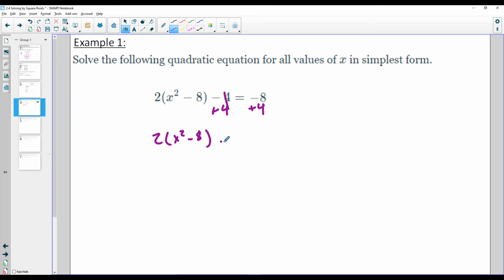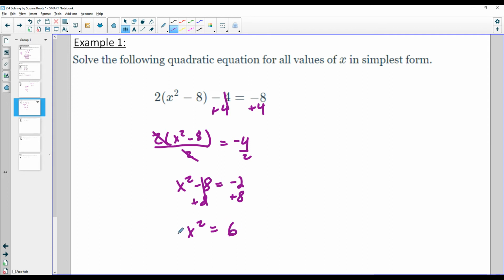Those cancel. Negative 8 plus 4 is going to be negative 4. You can distribute this too and then do some stuff, but I'm just going to divide by 2. So then I'm just left with x squared minus 8. Negative 4 divided by 2 is negative 2. And then I'm going to add 8 over. So then I get x squared. Those are gone. Negative 2 plus 8 equals 6.